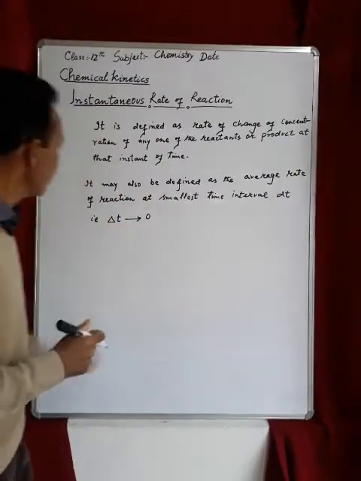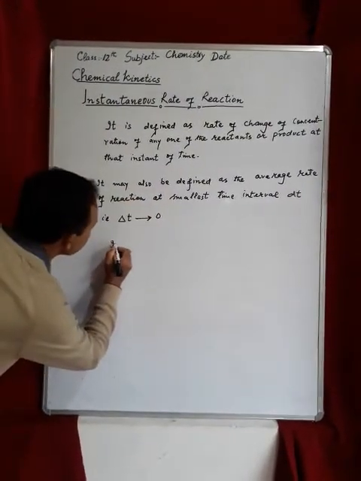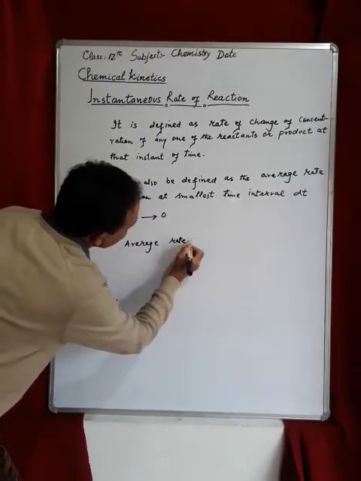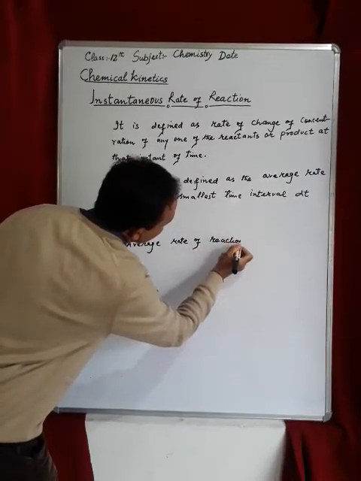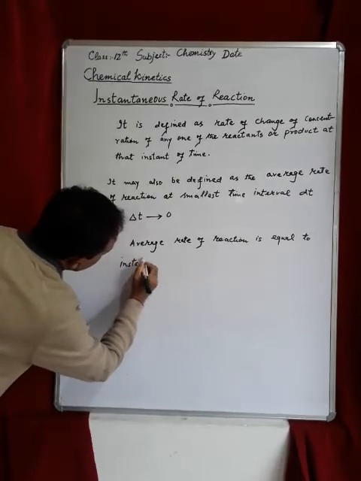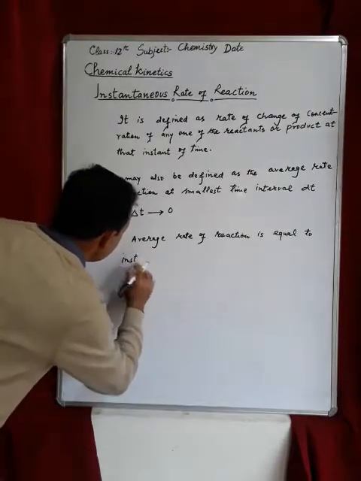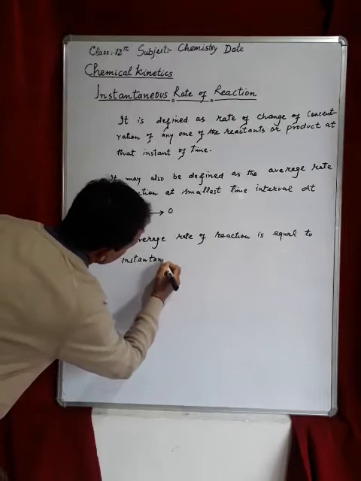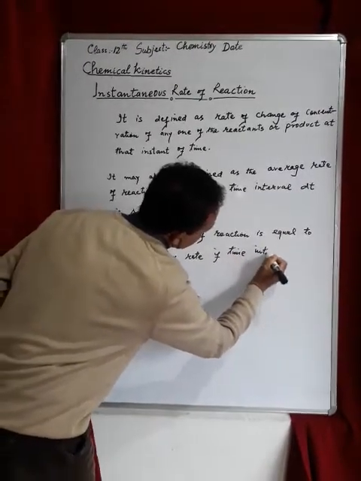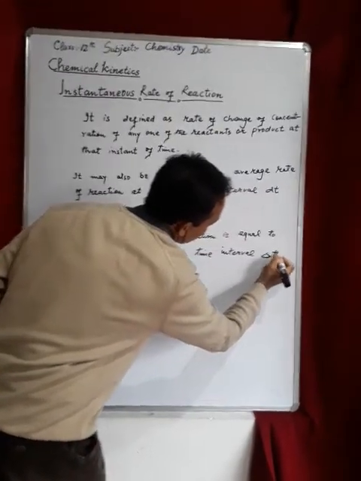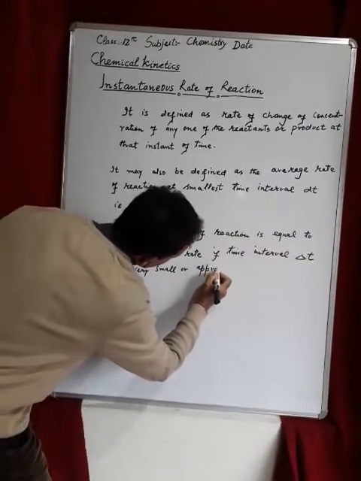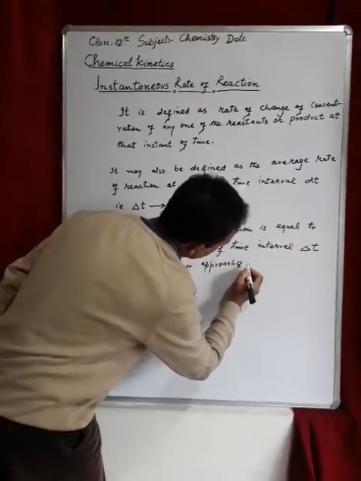Or we can say the average rate of reaction is equal to the instantaneous rate if the time interval del t is very small or approaches zero.